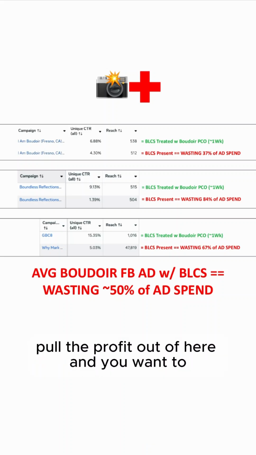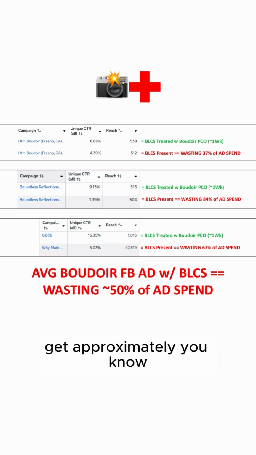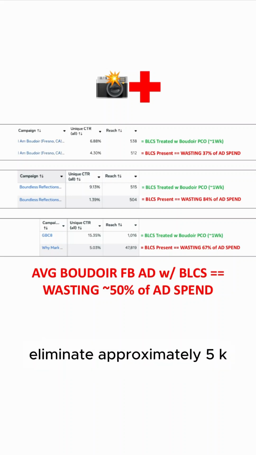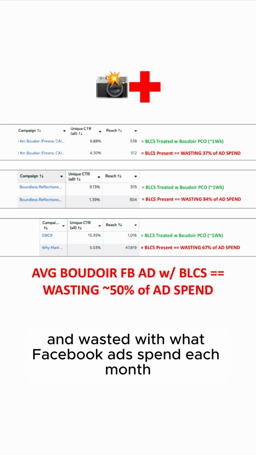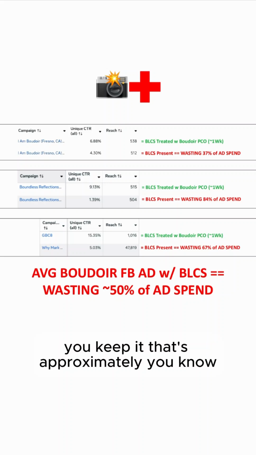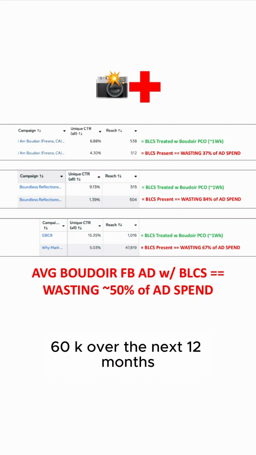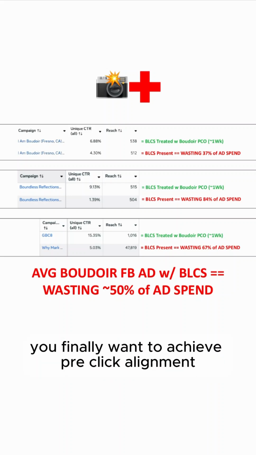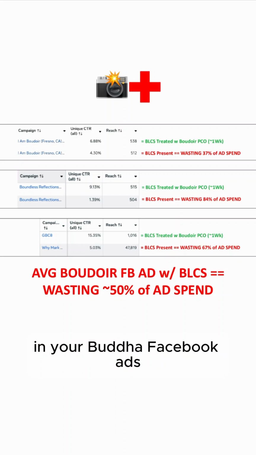Optimize this, plug the leaks, pull the profit out of here, and you want to eliminate approximately 5K in wasted boudoir Facebook ad spend each month. Get that back in your pocket so you no longer have to spend it, you keep it. That's approximately 60K over the next 12 months. And you decided you finally want to achieve pre-click alignment in your boudoir Facebook ads, become a dominant boudoir advertiser, and achieve boudoir brain entry boost on your way to becoming the number one boudoir photographer in your city.